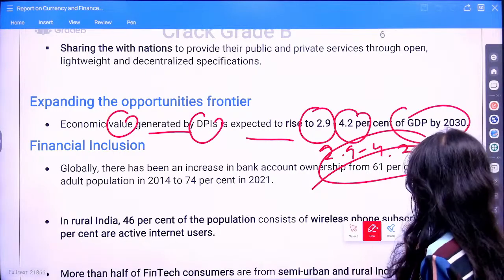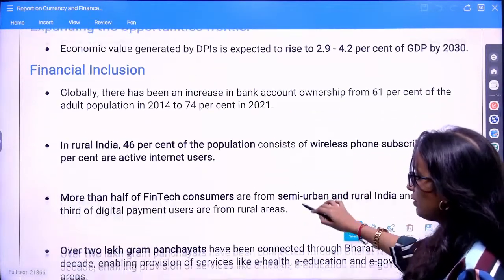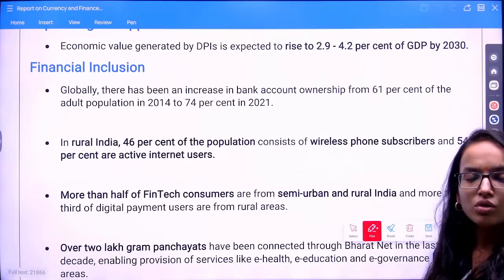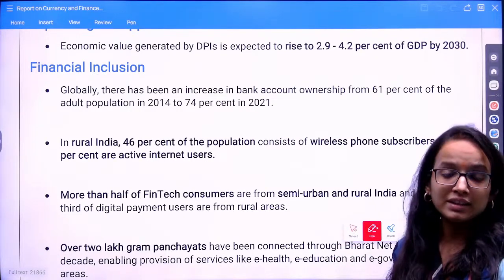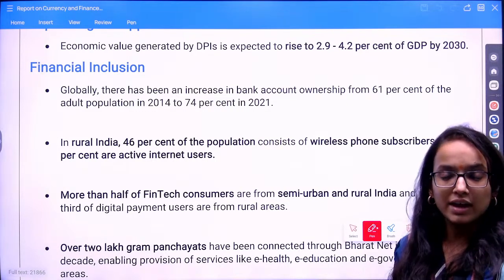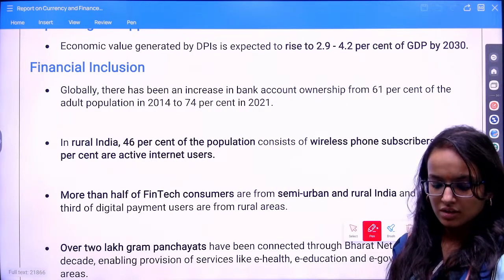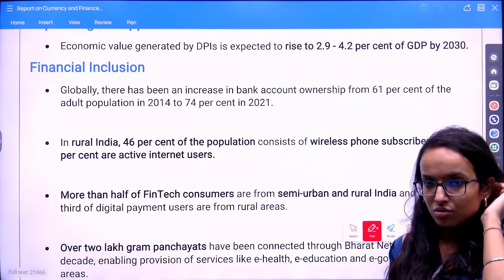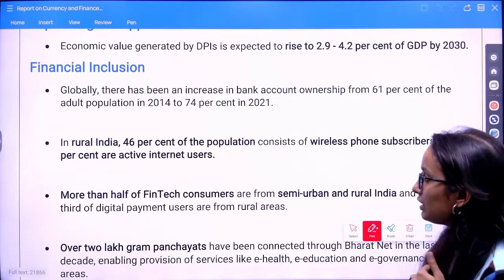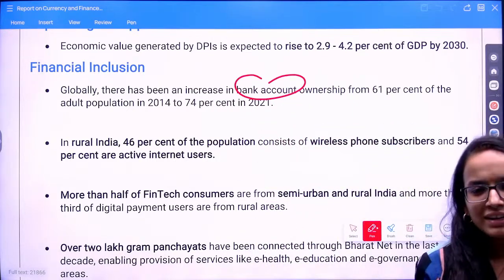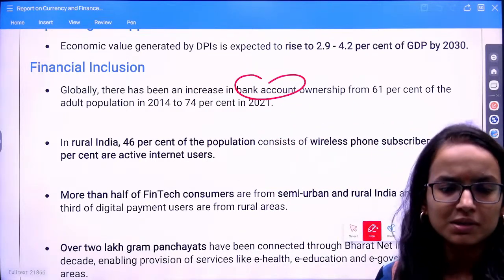Okay. Now, what does the report say on financial inclusion? So, financial inclusion, as you all know, the government and the RBI are putting constant, concerted efforts into expanding the scope of financial inclusion for India. Okay. So globally, there has been an increase in bank accounts. Now, what is financial inclusion? Integrating basically more people with your financial services and systems.